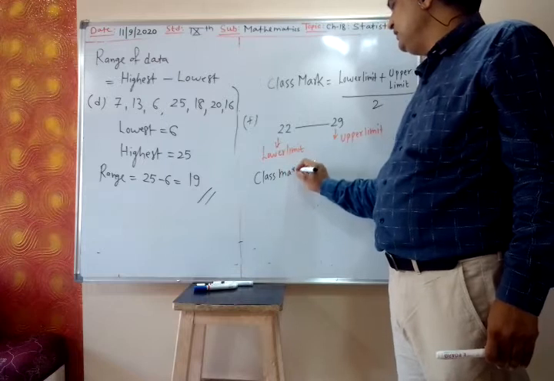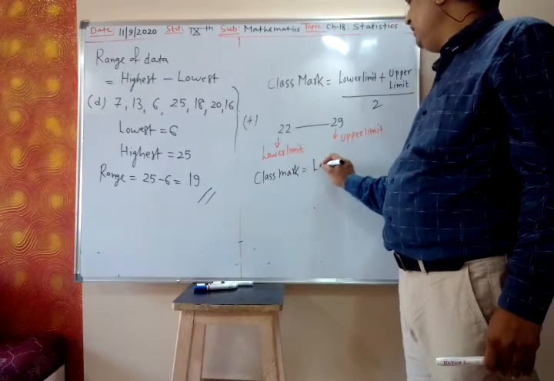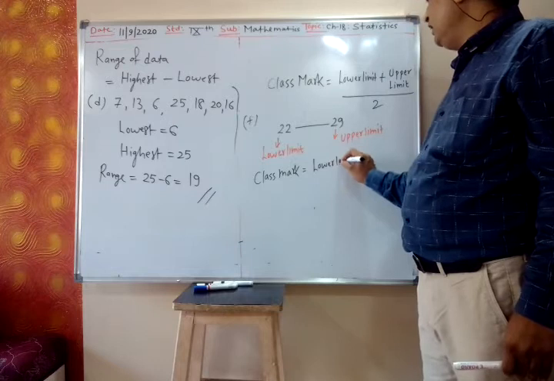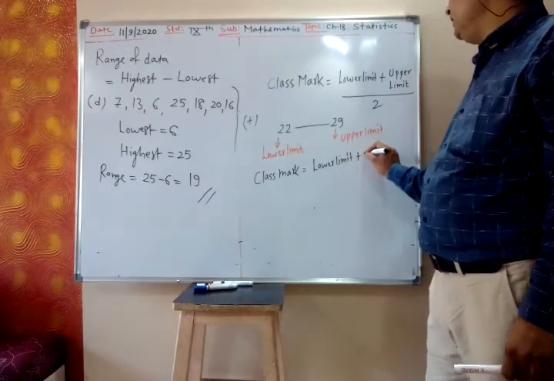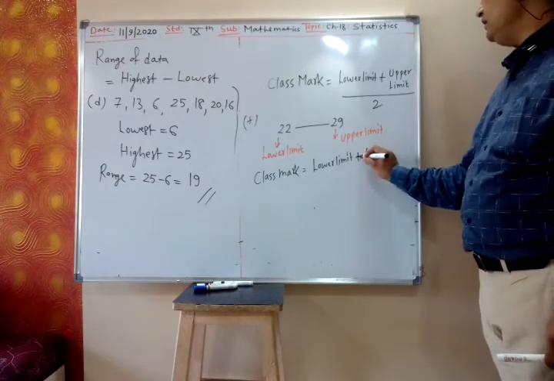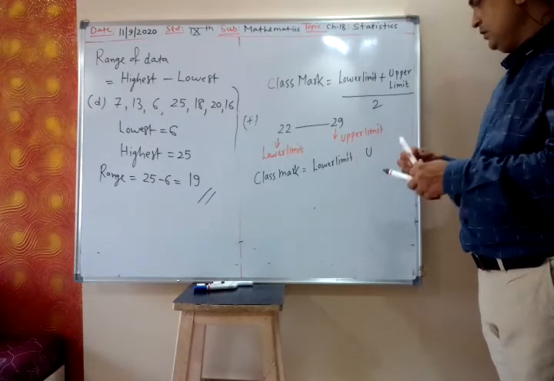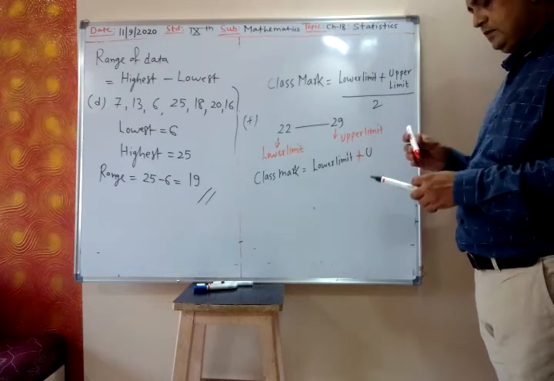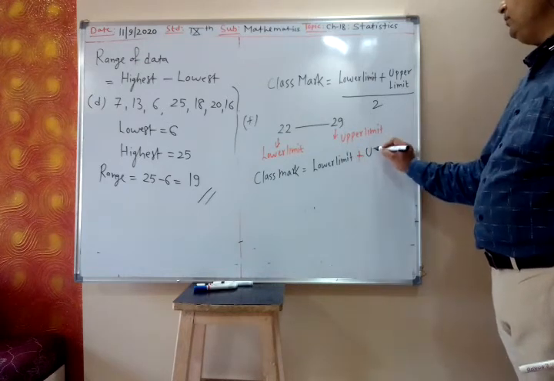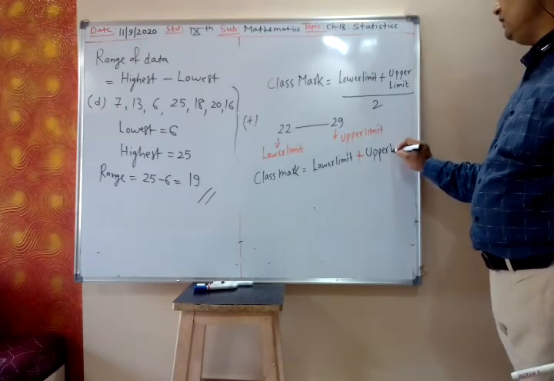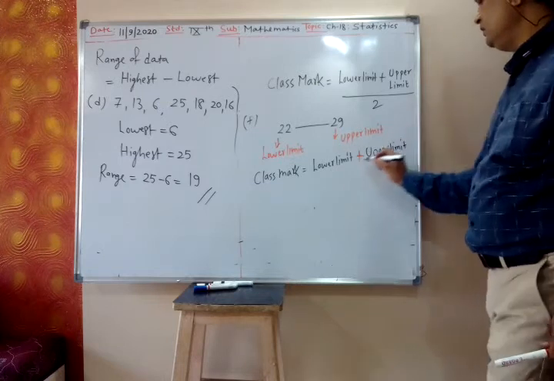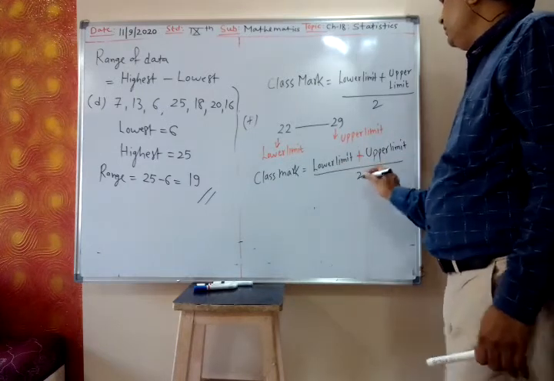So class mark is lower limit plus upper limit, divide that total by 2.